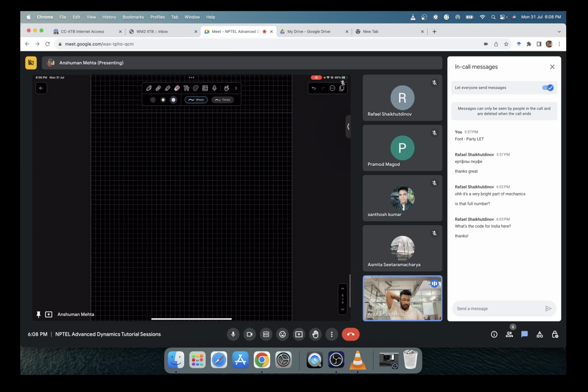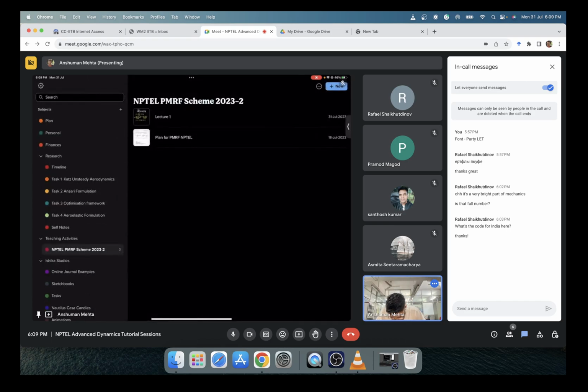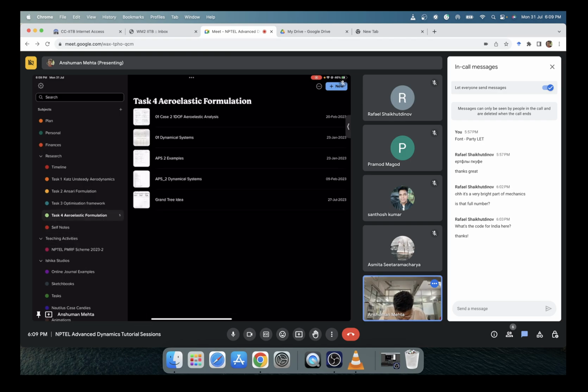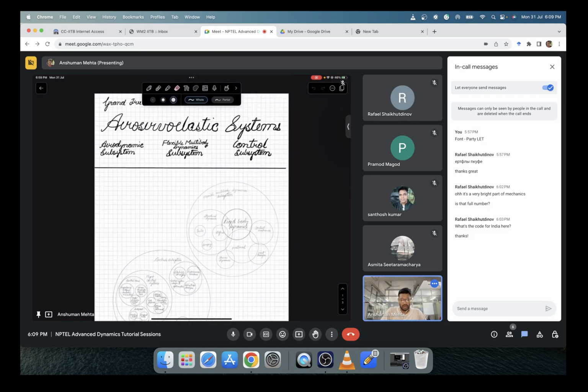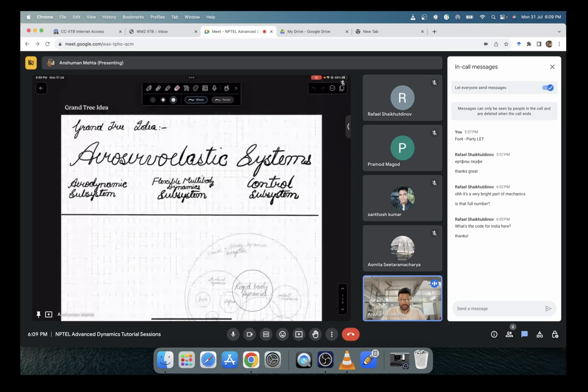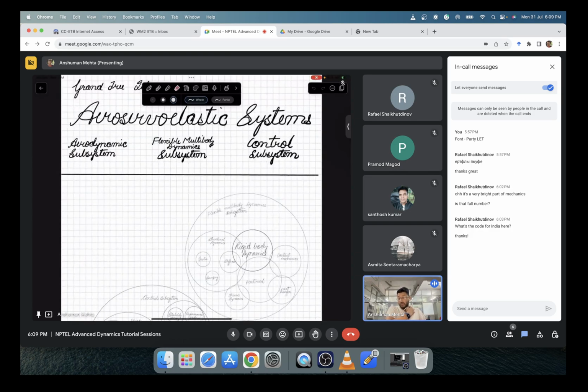I will just give you a brief summary of what flexible multi-body systems are. Actually, this is my full aero servoelastic system, and it consists of a lot of subsystems. In that, the aerodynamic system is there. We are not going into that.